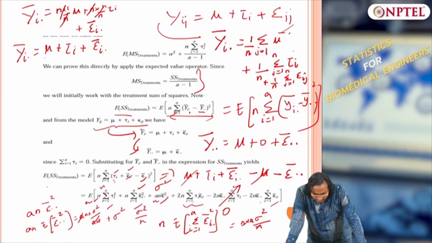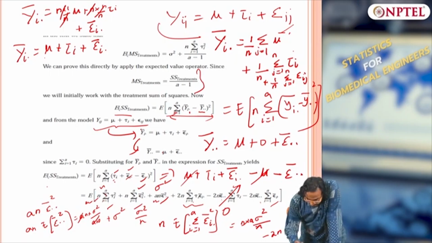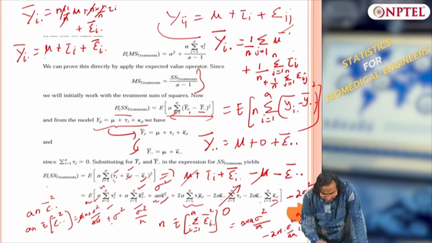It will be minus 2 n into sigma squared by an, okay, correct, and then summation I equals 1 to a times epsilon I dot is sigma squared by n. Okay. Now, we have n and n gets cancelled, and then this is equal to a. So, this will be minus 2 sigma squared.